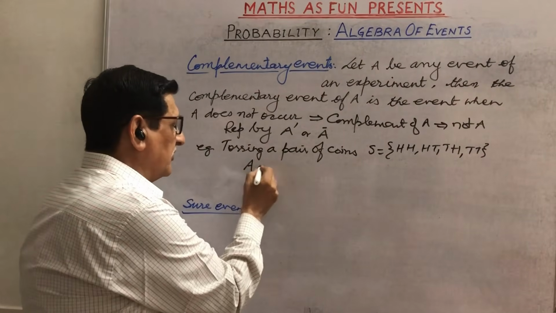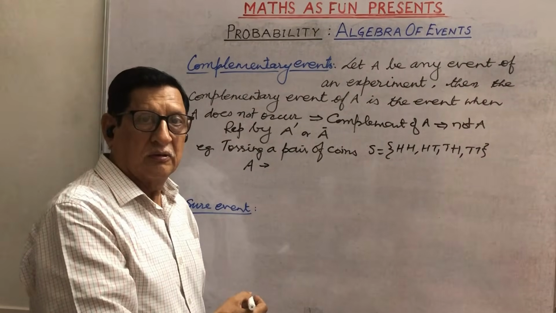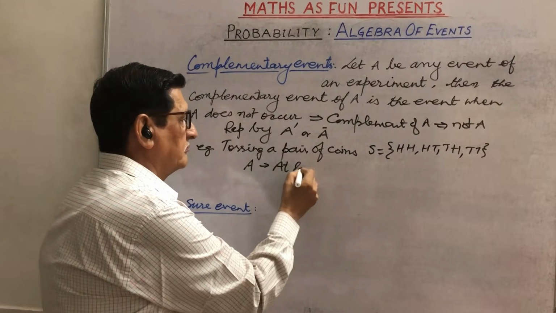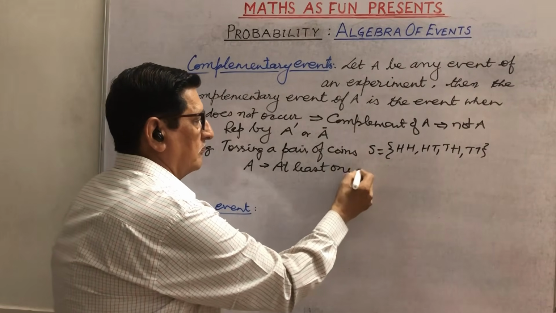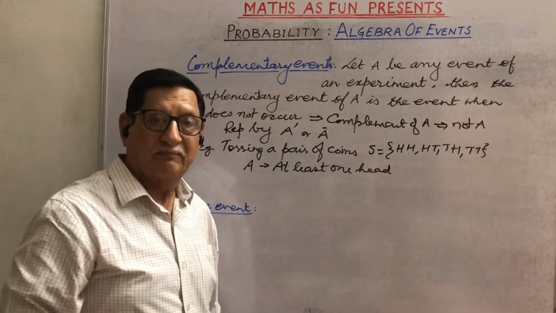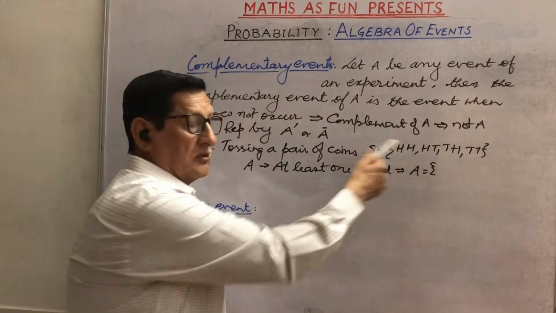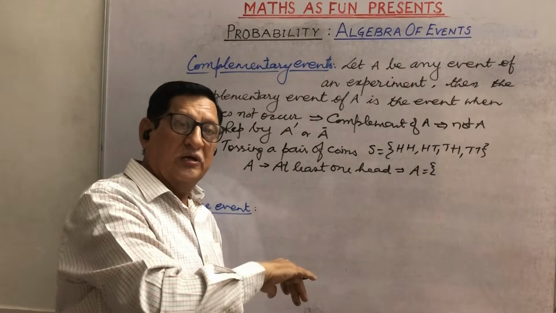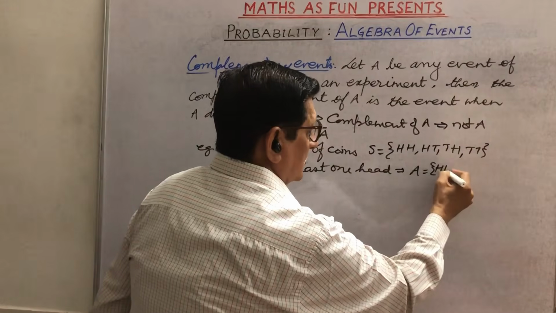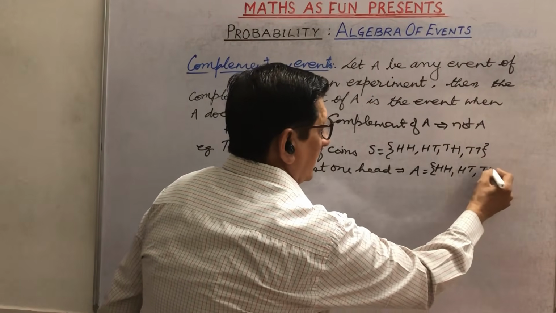Suppose A is the event at least one head. Then A will contain the events either one head or two heads, that is HH, HT and TH.